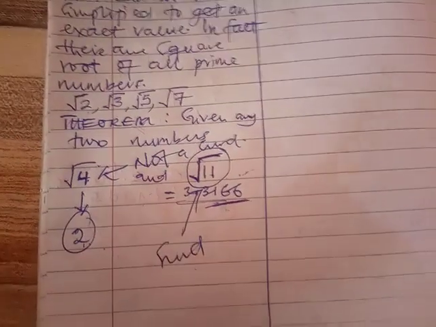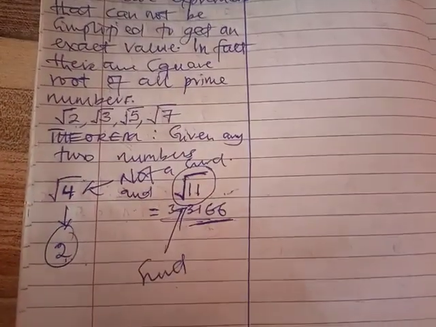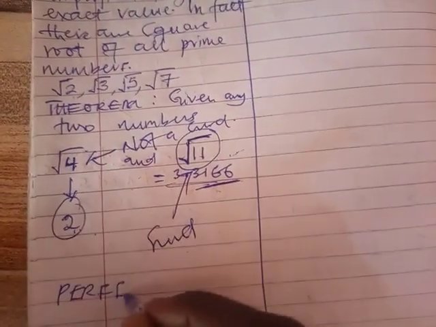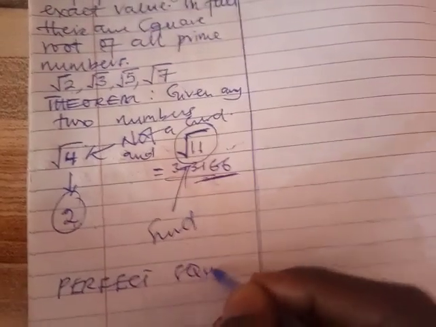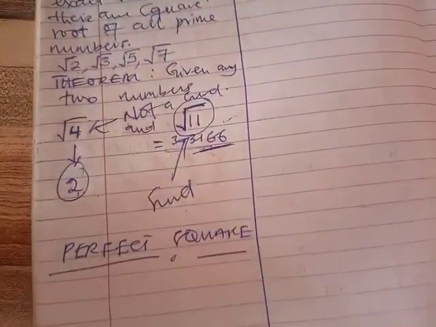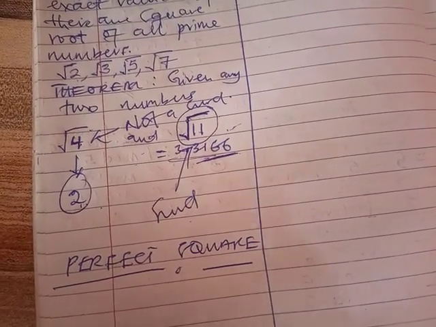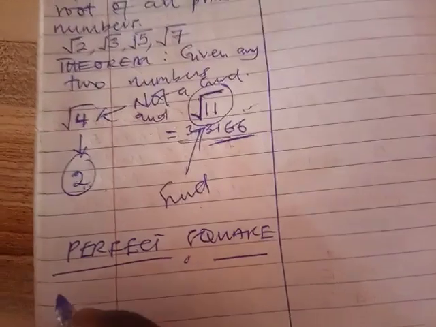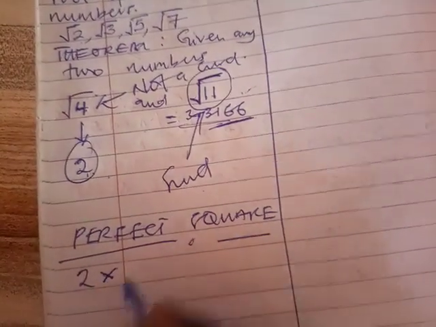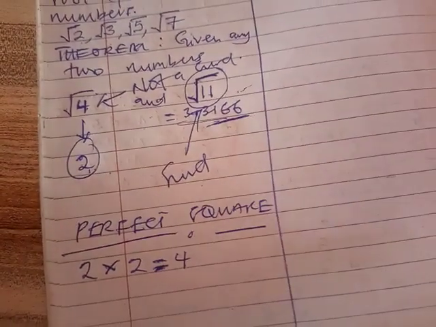Now, because we are looking at this, let's take a look at one aspect of surds we call perfect square. Now, perfect square is saying that if you have an integer, let's say an integer 2, and when 2 multiplies itself, you are getting another integer, let's say 4.